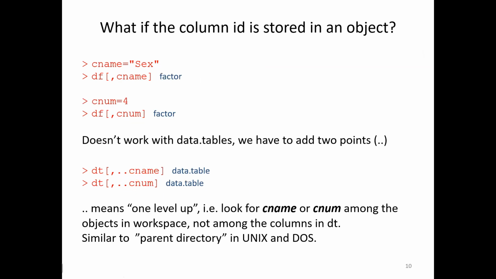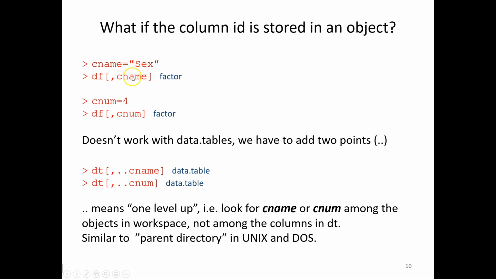And then something that can be problematic is when you have the column IDs stored in an object and you want to use that object to point to the columns that you're interested in within your data table. So I'll demonstrate what I mean here. For a data frame first, we store the name of a column, sex, in a new object called CName, and then we ask for df, the data frame, all rows and column CName.